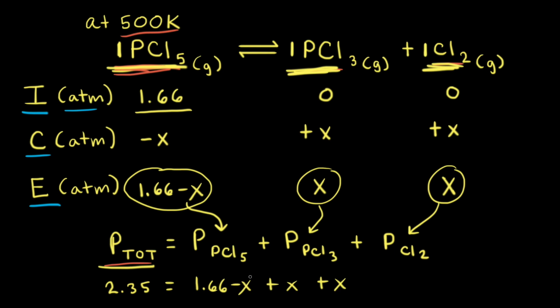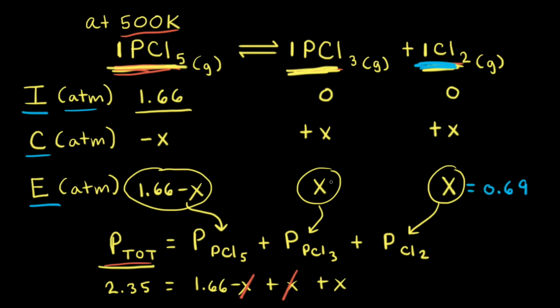Notice how we have a minus X and a plus X, so that cancels out. So we simply subtract 1.66 from 2.35, and we find that X is equal to 0.69. So if X is equal to 0.69, the equilibrium partial pressure of Cl2 is 0.69 atmospheres.